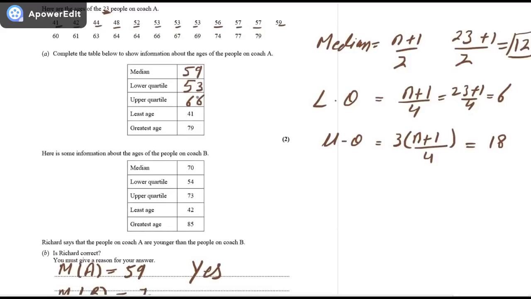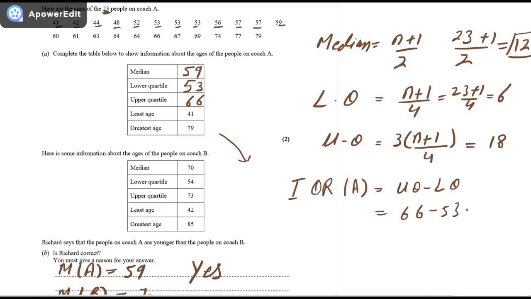The IQR for table A is the upper quartile take away the lower quartile, which is 66 minus 53. So this is 13 years.